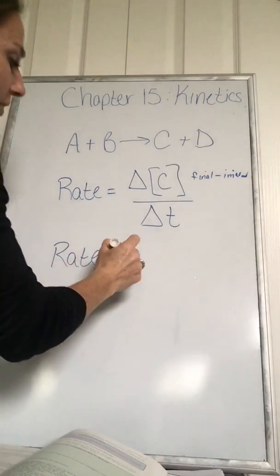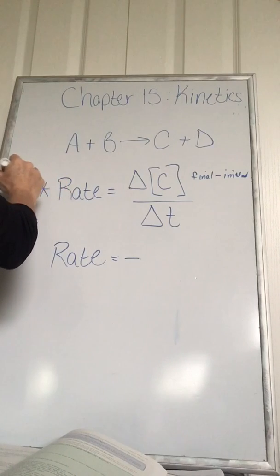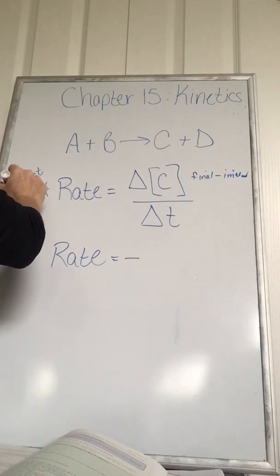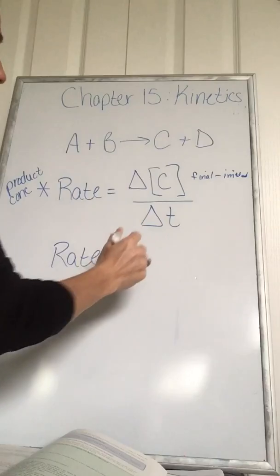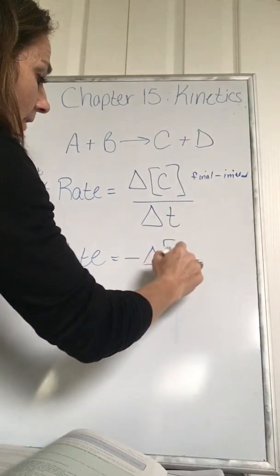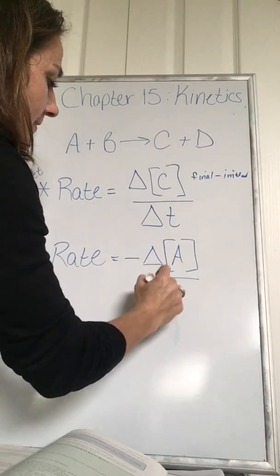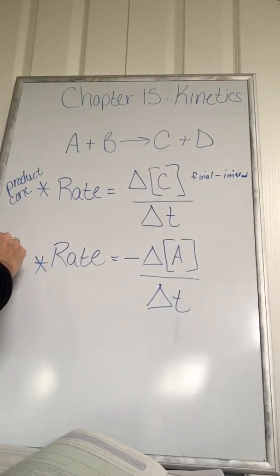To account for that, this is for product concentration. If all you know is the reactant, then it would be a negative of the same equation. So we have the reactant concentration.